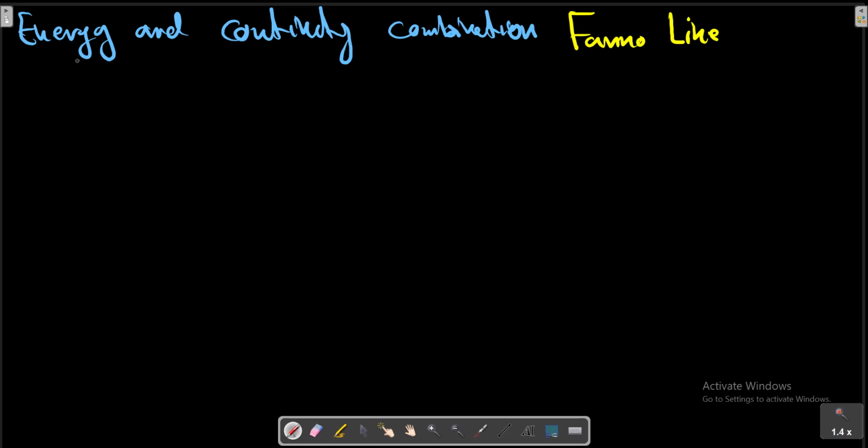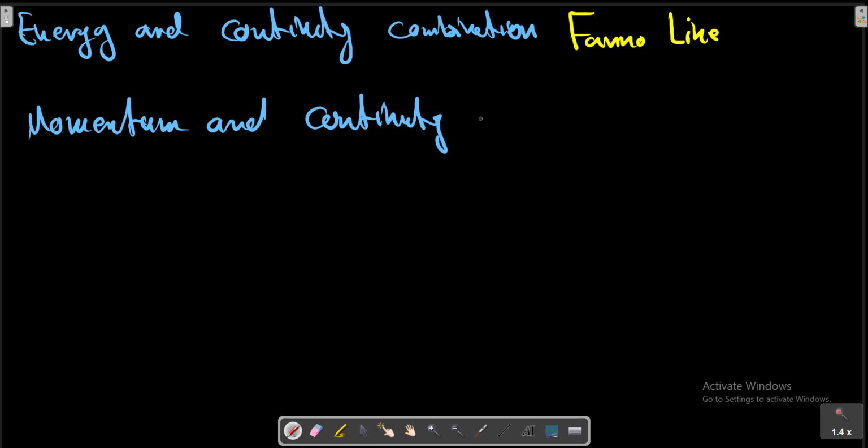Similarly, the momentum and continuity equations can be combined to give the Rayleigh line.